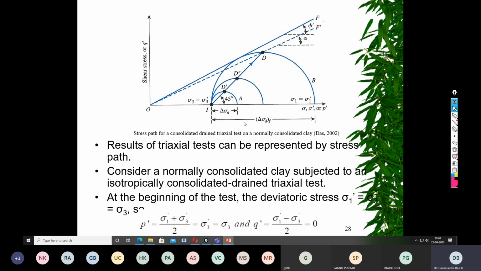If you look at this diagram, is it understandable? Sir, for the same kind of material, will the stress path always be linear? Maybe not.